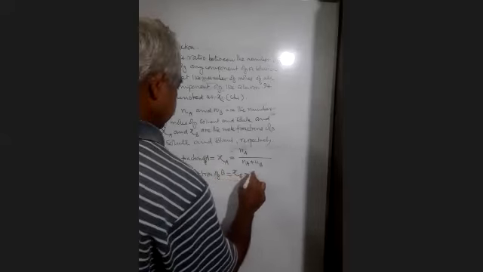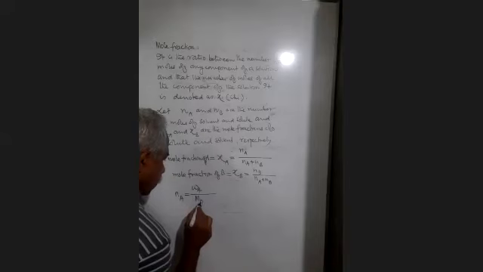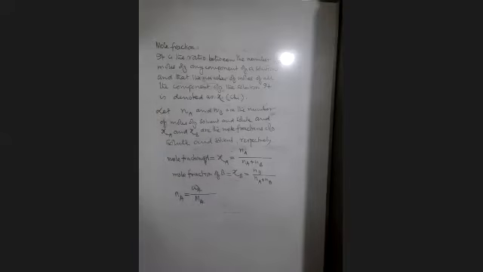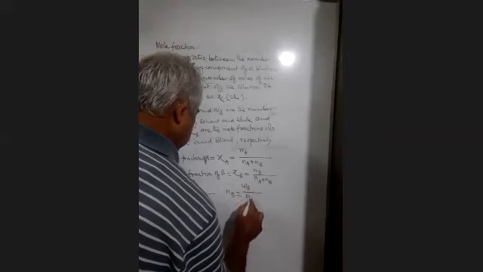This is easy. I have already taught you. NA is mass of solvent divided by molar mass of solvent, and moles of solute you should know because you have to do numericals.